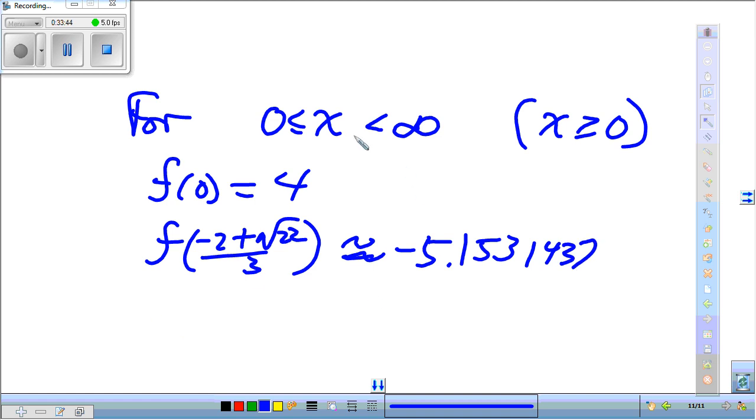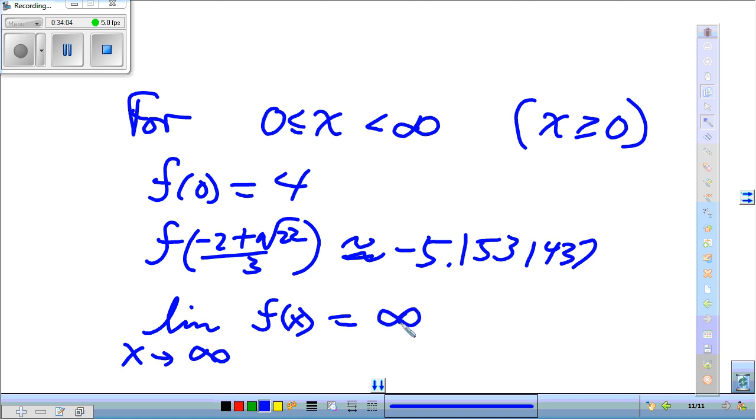And then in some way we have this other endpoint. It's not really a point, but we have to consider what's happening. So we'll have to do X becoming infinite. What happens? And this is a polynomial with the leading term being positive, so that all ends up infinity.